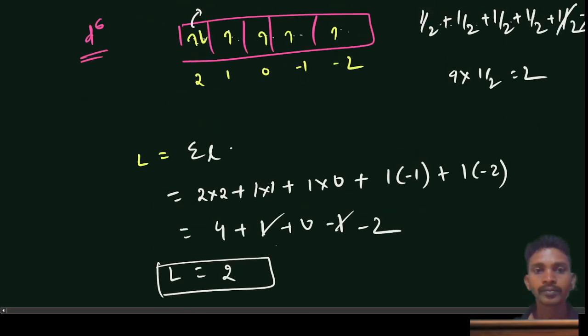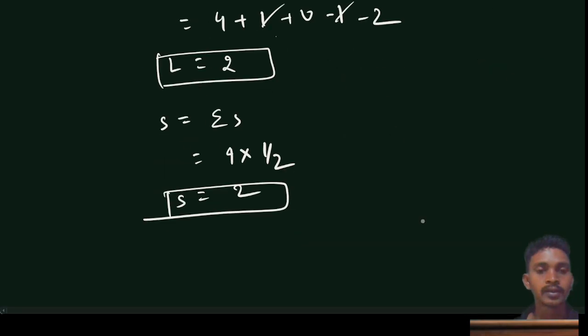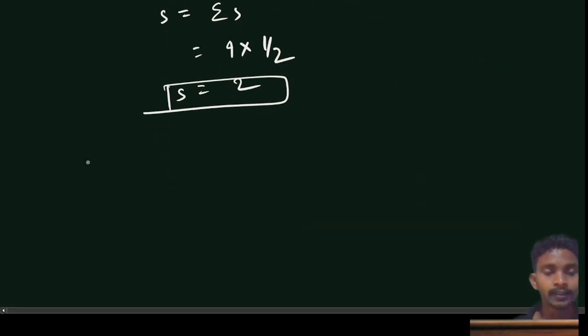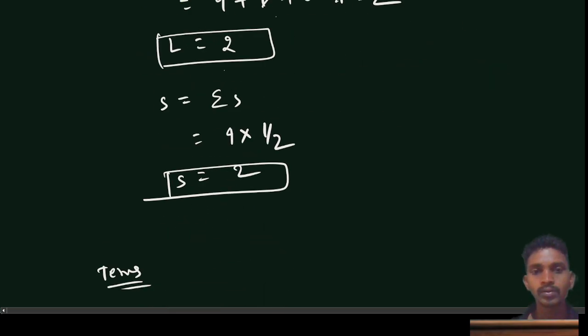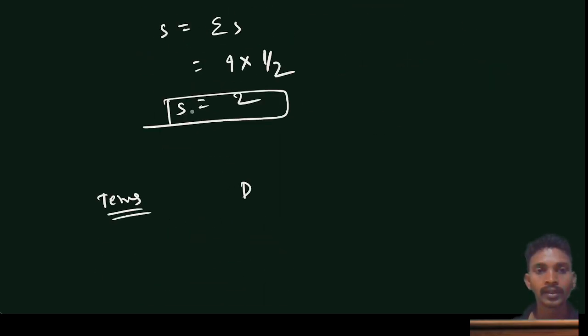Now we will look for the terms. For all the cases L is 2, so that will be D. And S is 2, so 2S plus 1 is 2 into 2 plus 1, that is 5, so 5D.